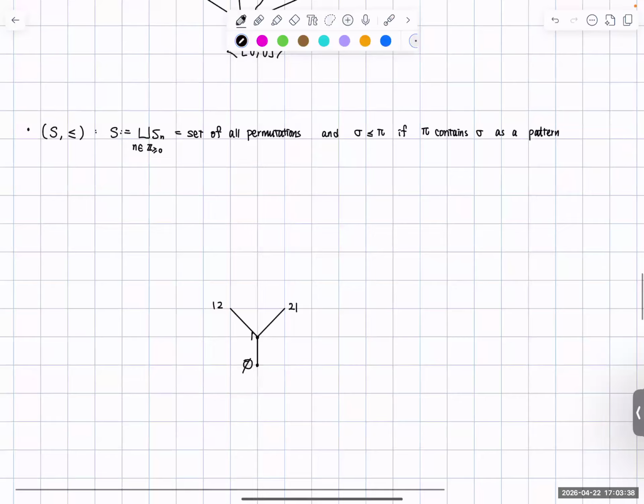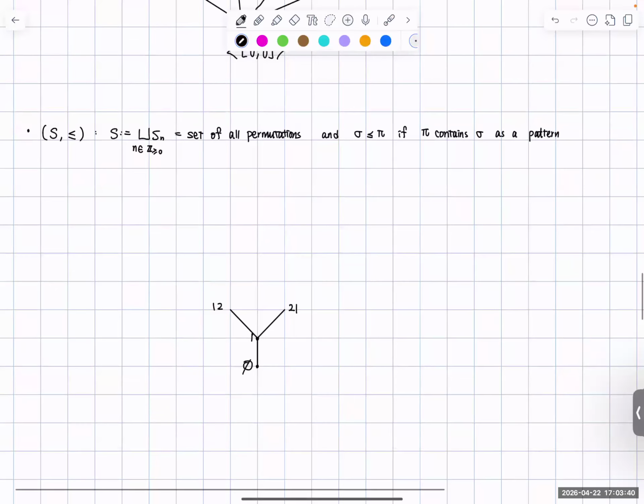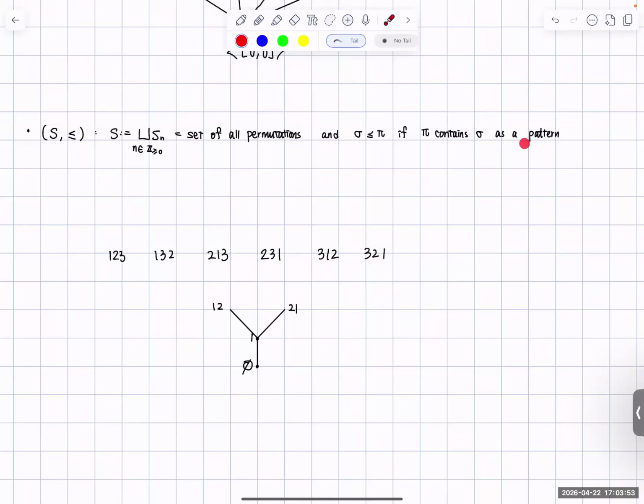How about in S3? In S3, I have 1, 2, 3, 1, 3, 2, 2, 1, 3, 2, 3, 1, 3, 1, 2, and 3, 2, 1. So what does it even mean by having it as a pattern? It's just saying that if 1, 2, meaning that you have 2 elements, A and B, such that A is less than B together.